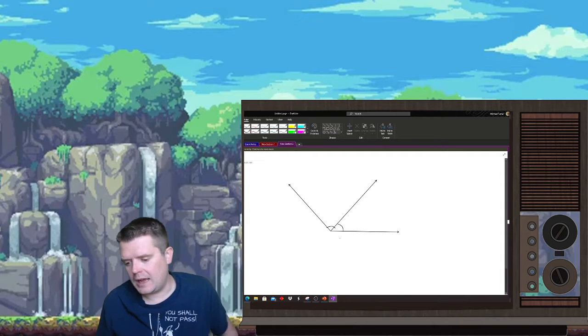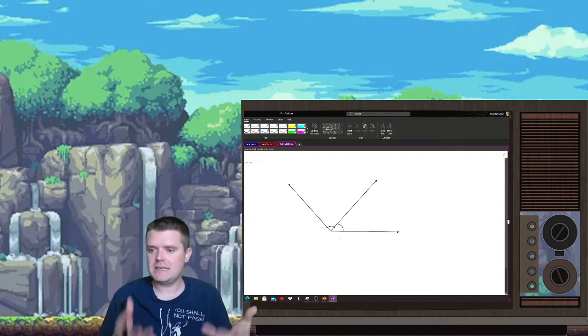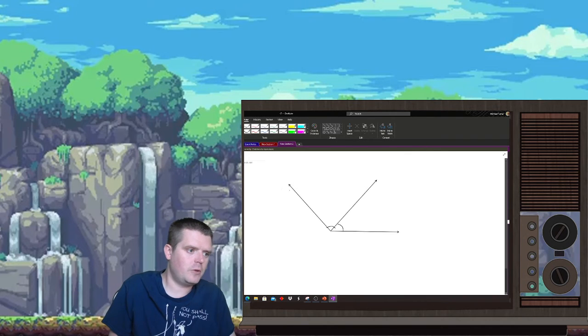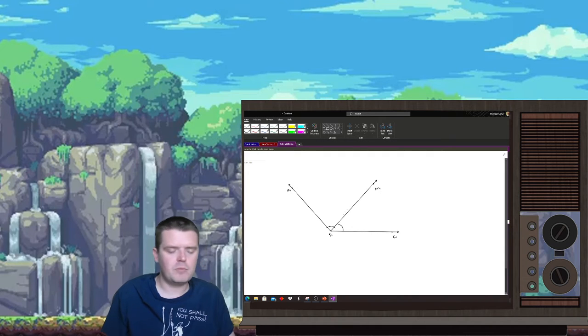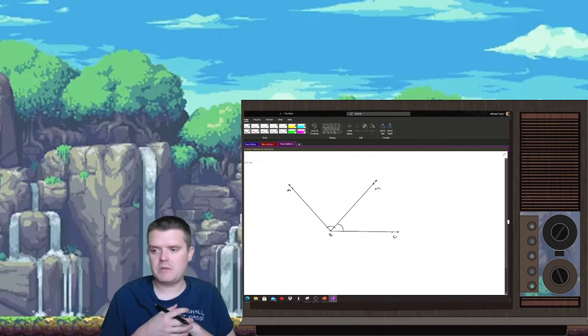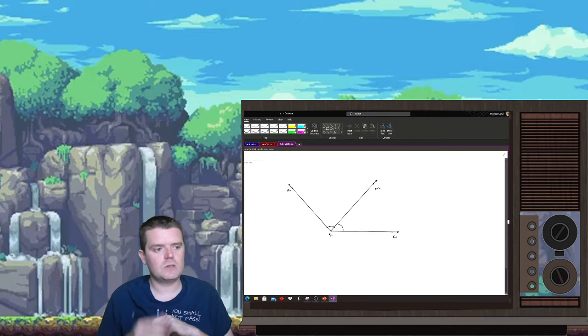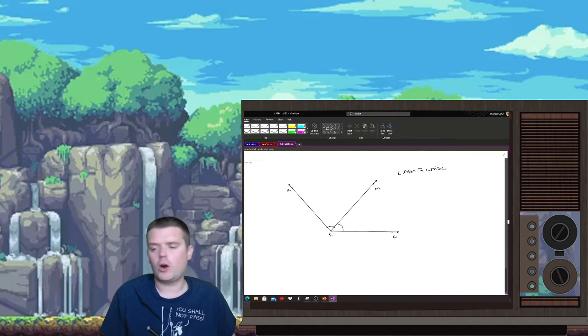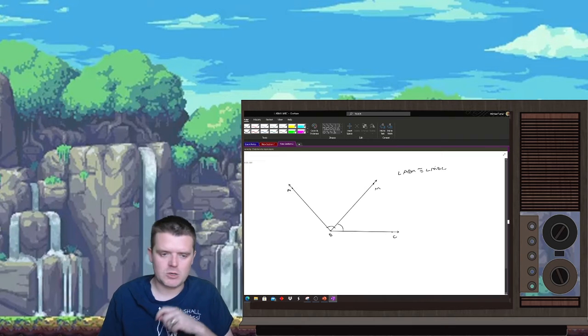So rather than looking at line segments and distance, we're looking at angles here, and if I define, and we can label this, let's call this larger angle ABC, and let's call the angle bisector that's cutting it in half BM. If I define BM as being the angle bisector, that means angles ABM and MBC are congruent. They are the same angle measurement.